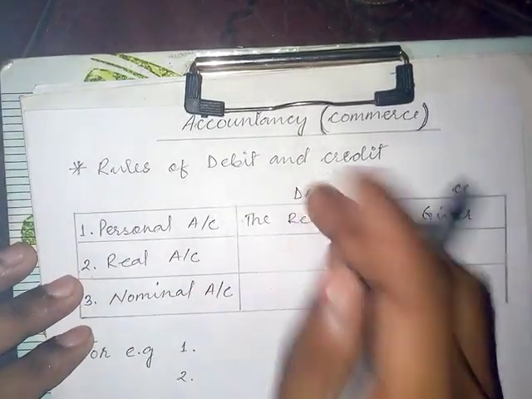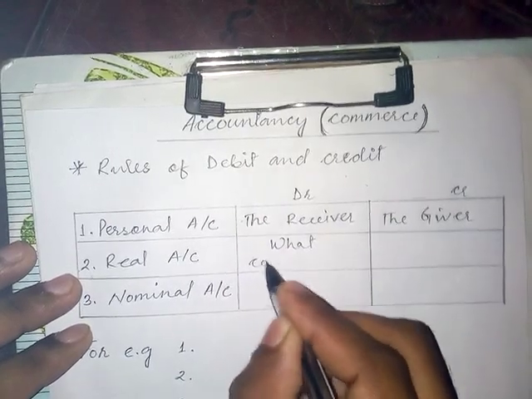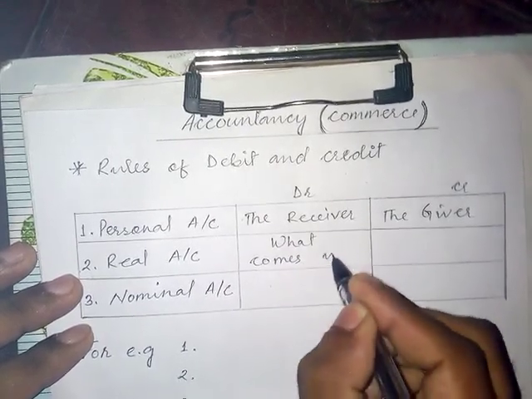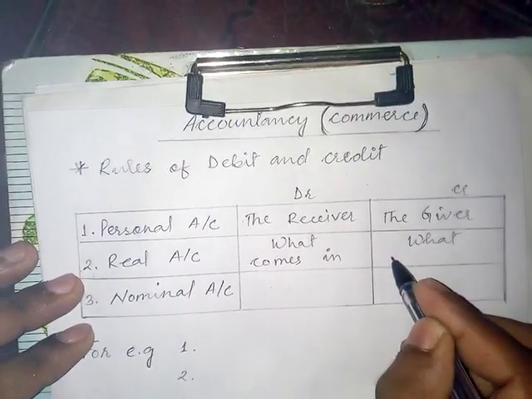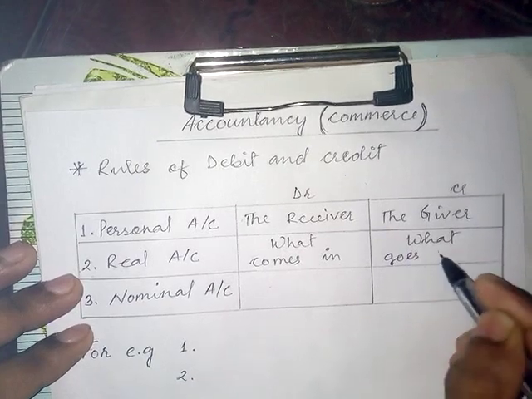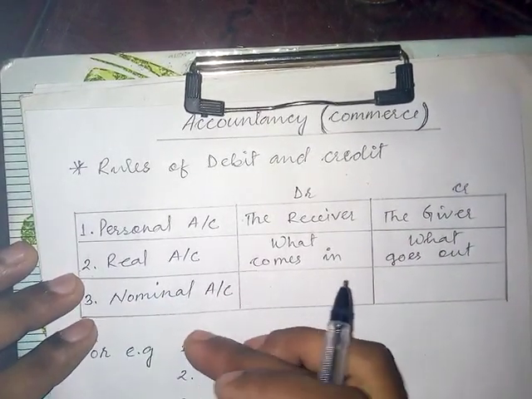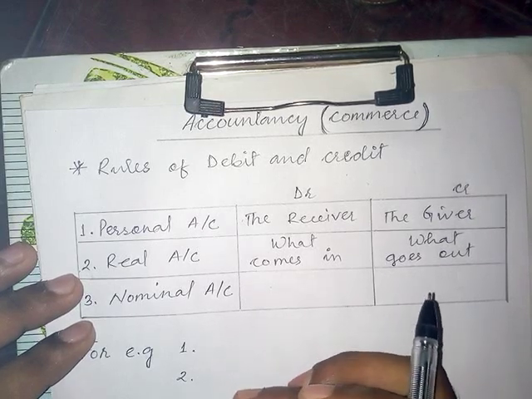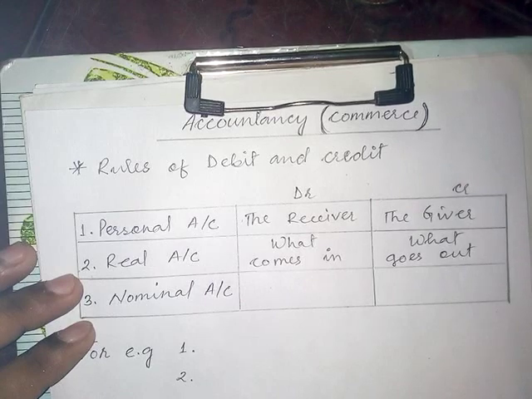Here debit means what comes in, and credit means what goes out.